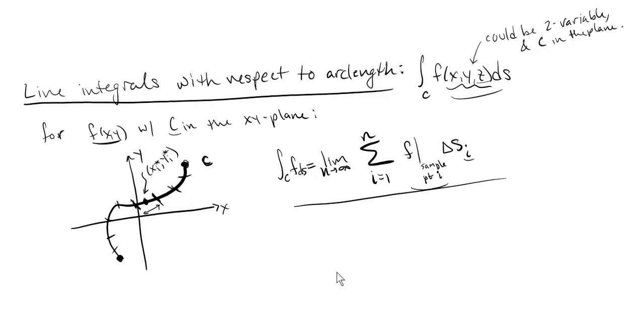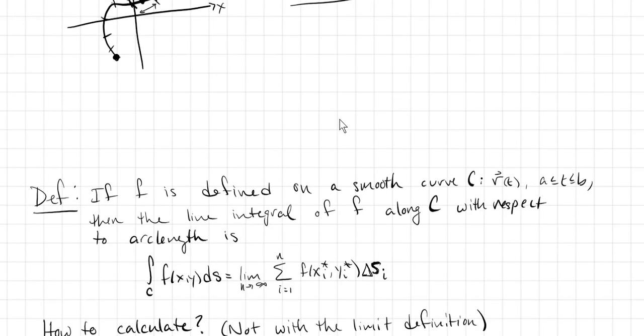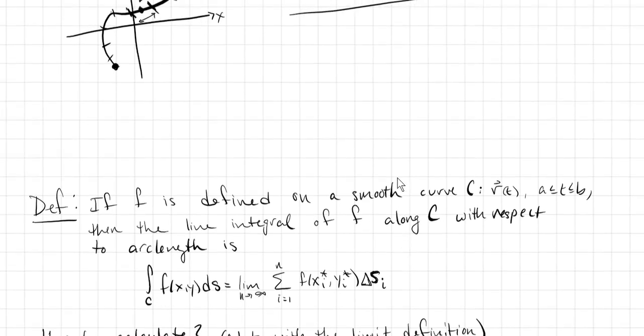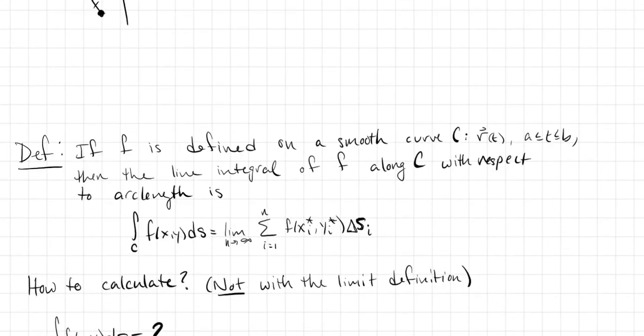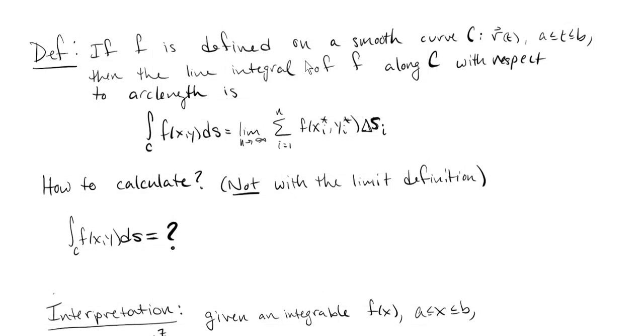Right, so let's scroll down and see that written out more nicely. Here we have, down at the bottom of the page, if f is defined on a smooth curve C, we're throwing in that extra little assumption that our curve's smooth, doesn't have any sharp spots anywhere.